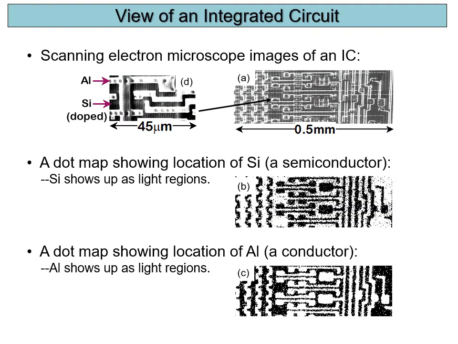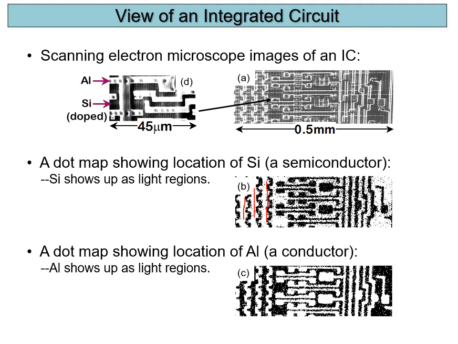This is the view of an integrated circuit. Scanning electron microscope images of an IC, where IC is integrated circuit. We can see a dot map showing the location of silicon, a semiconductor. Silicon shows up as light regions. The light region is Si, semiconductor.